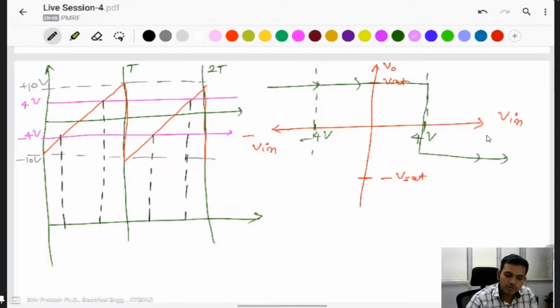If a negative slope is present here, it will go like that. But if the negative slope is not present, then take only the positive. Positive V output is given when the input signal is between minus 4 volt and plus 4 volt. This one is 0, like that.